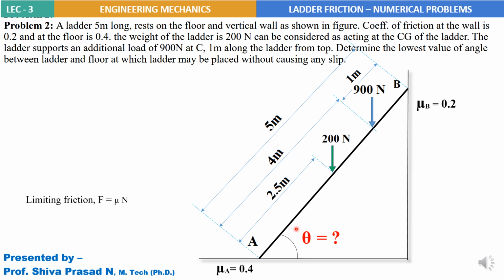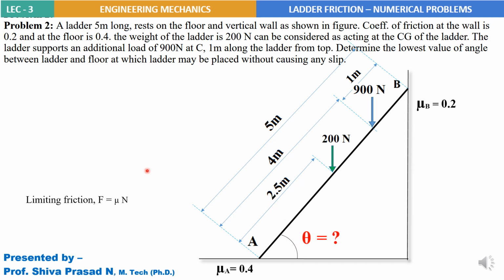So what is that largest distance at which A can be placed from the wall, or what might be the lowest angle? As point A moves farther and farther, the theta value keeps decreasing. So that minimum angle, which will prevent the ladder from slipping, you are required to find.